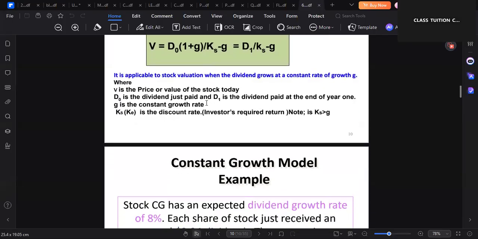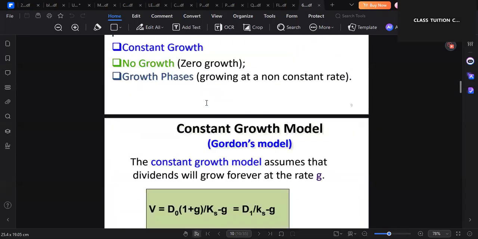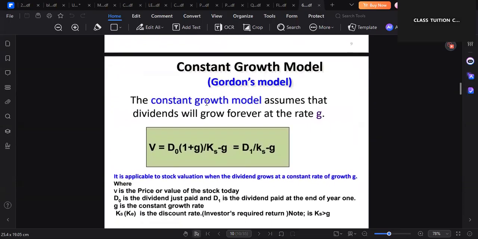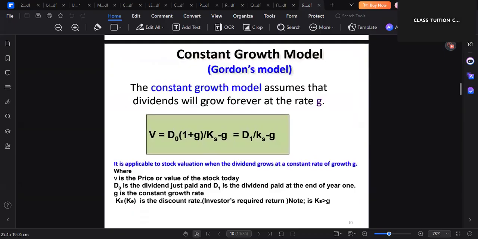Okay? So now, looking at this formula here, we have what we call the constant growth model, or Gordon's model. Gordon's model assumes that dividends will grow forever. The value of stock is simply D1 over (K minus g), assuming the growth rate is less than the market rate. So why must KE be greater than g?